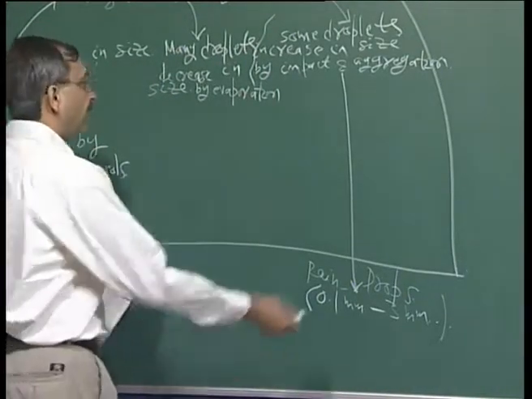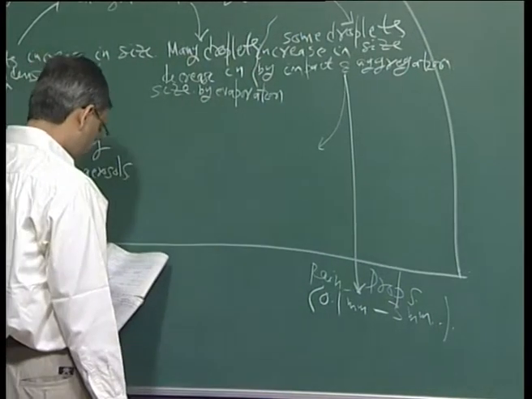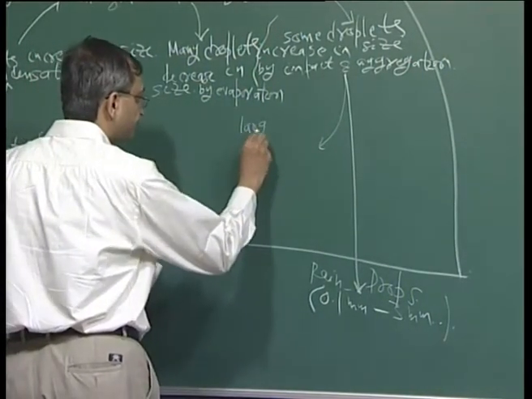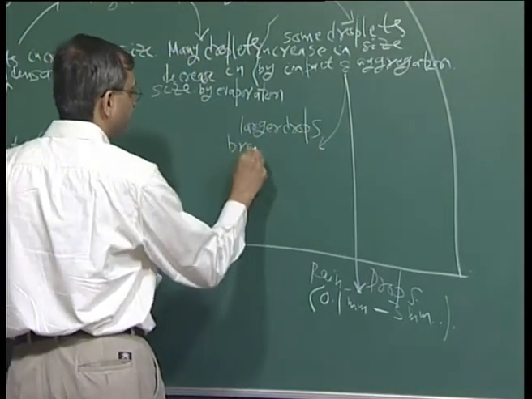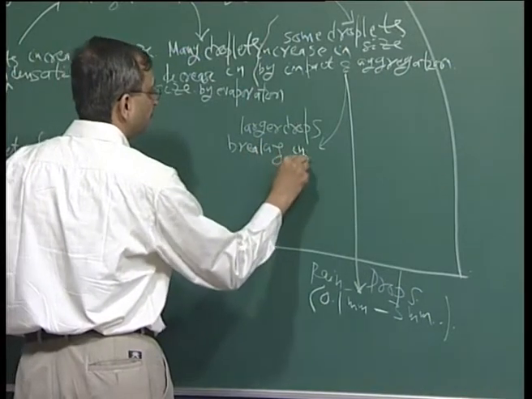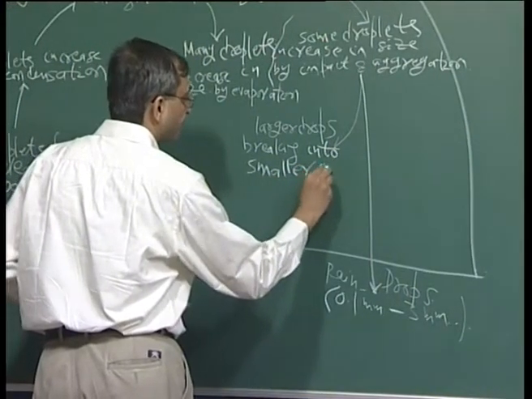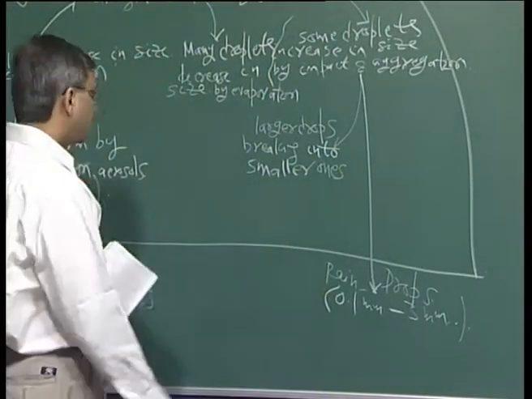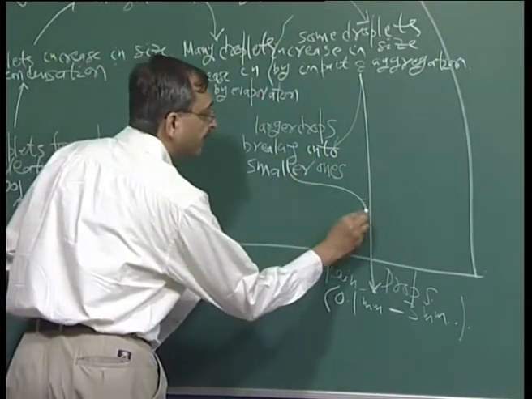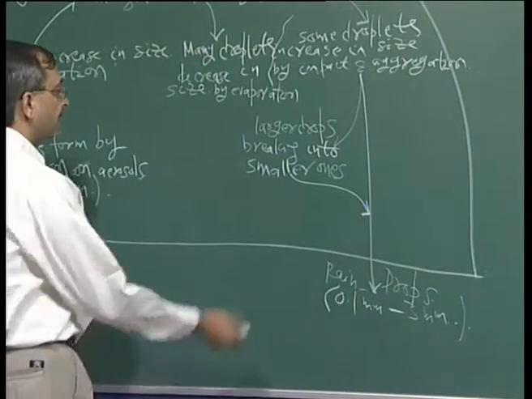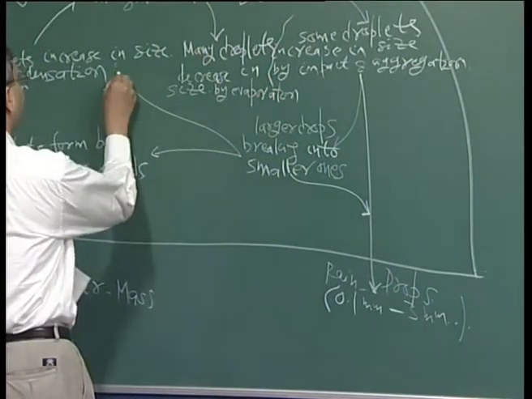While it is happening, you may have the larger drops breaking into smaller ones, and then some of them can combine again to become heavy enough to fall again. From here some can go to this size, some can go to a slightly bigger size, and so on.